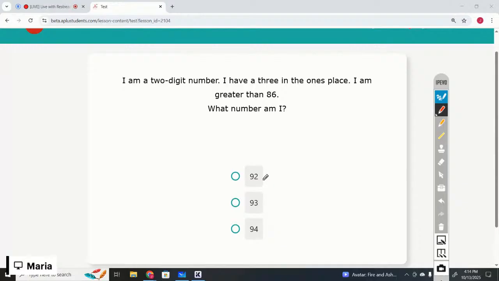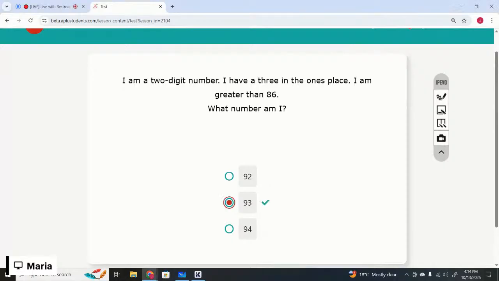So you have three options given, 92, 93, and 94. The only number that has 3 in the ones place. So which is the correct option? That is 93. Option number 2 is the correct option.